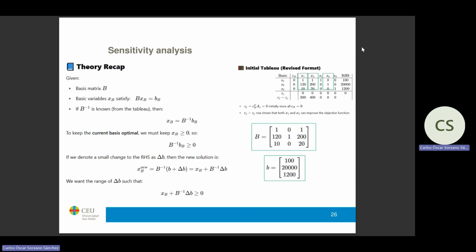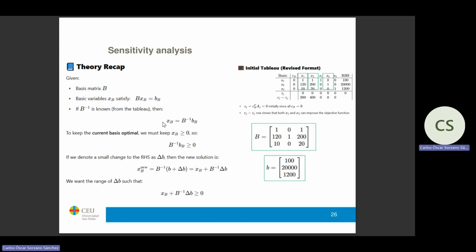I go to the original tableau and take x1, x2, and x3. So you see that this matrix B is not zero. And what we are seeing is, okay, my solution, and this is the right-hand side. So these are my right-hand side in the basis.